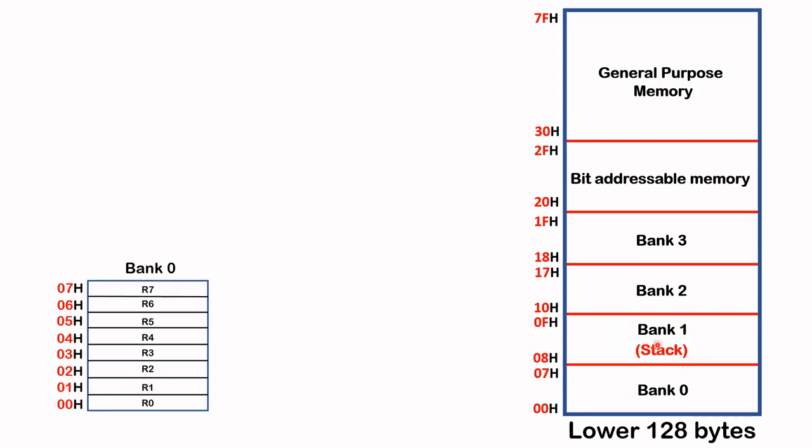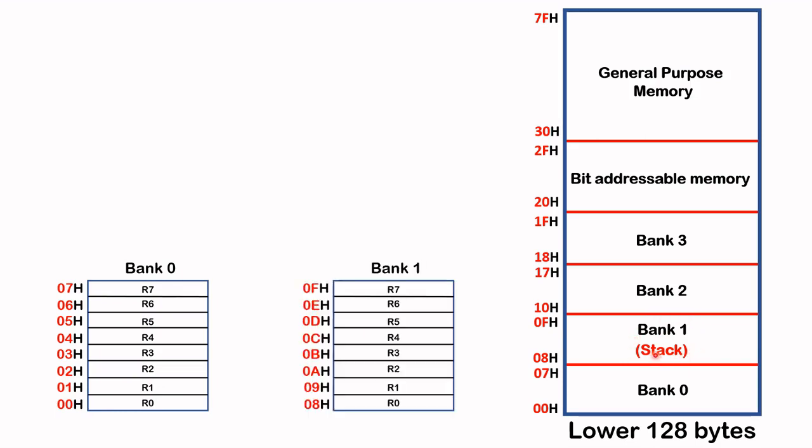Now for bank 1, which is also the stack, you notice it is repeating R0 to R7. However, if you observe, R0 in bank 1 has the address 08 hexa, whereas R0 in bank 0 has the address 00 hexa.